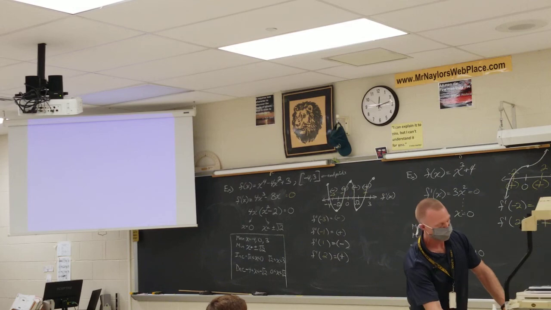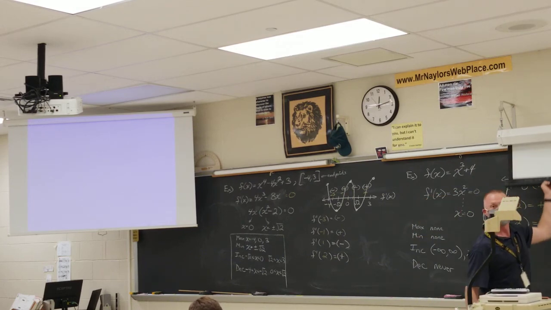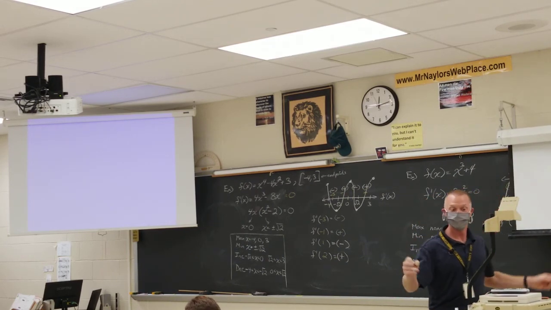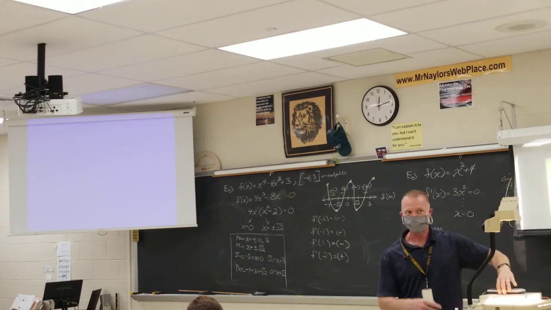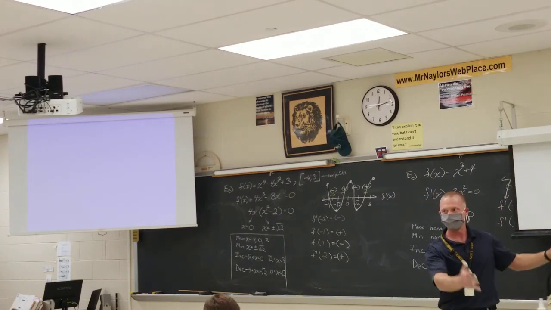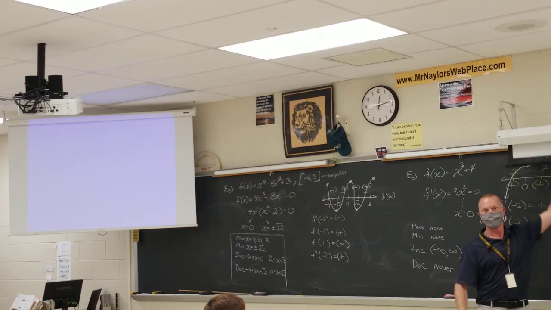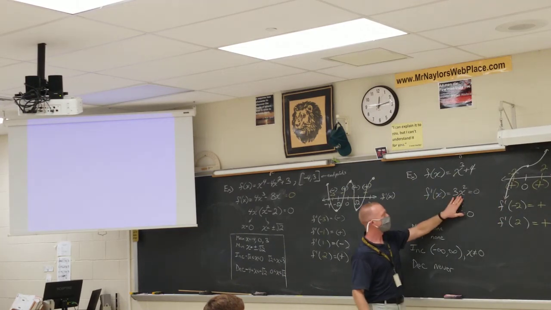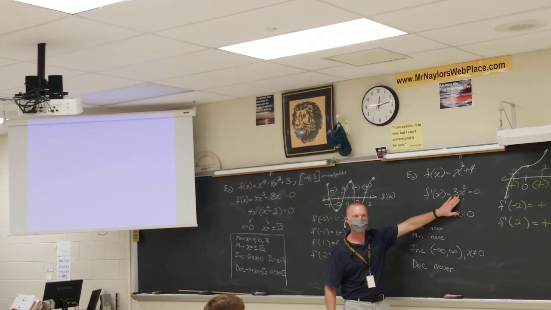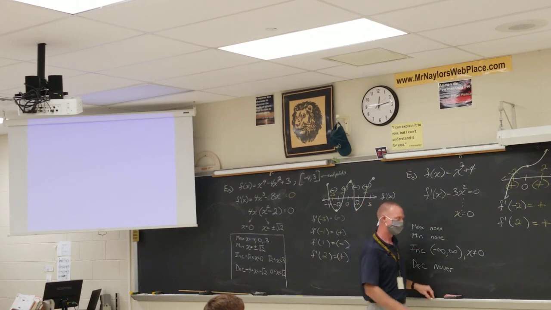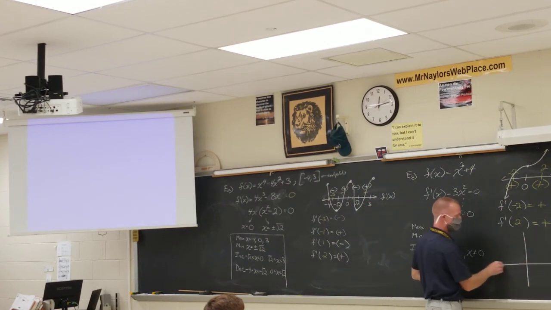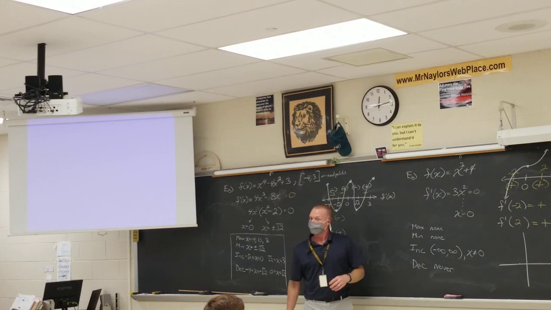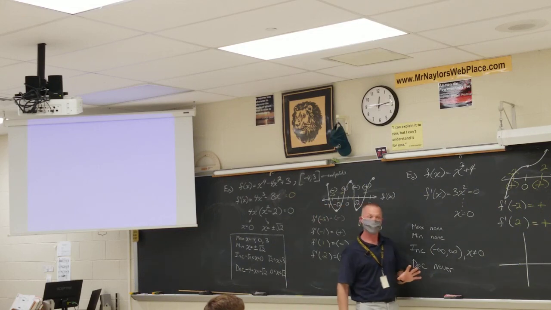What are we going to do? Graph the derivative. Do I even need a calculator to graph the derivative? How do you graph the derivative? What's the graph of 3x squared? Good. It's a parabola.